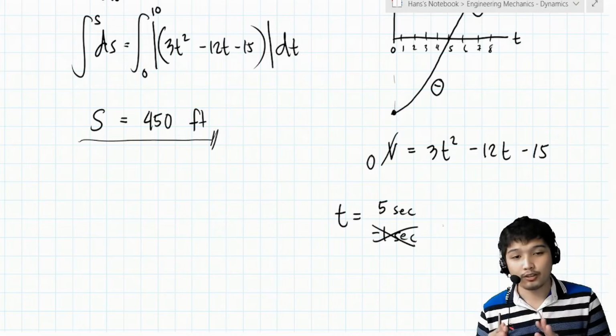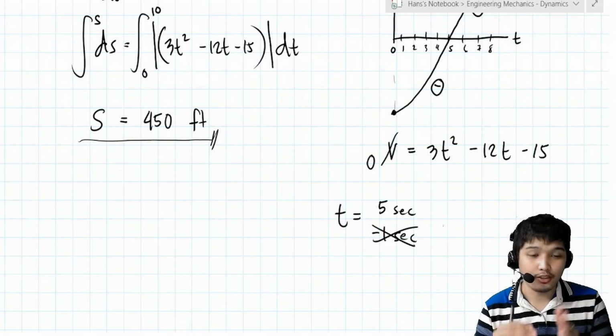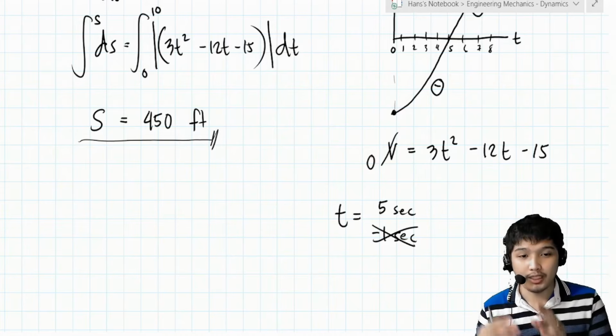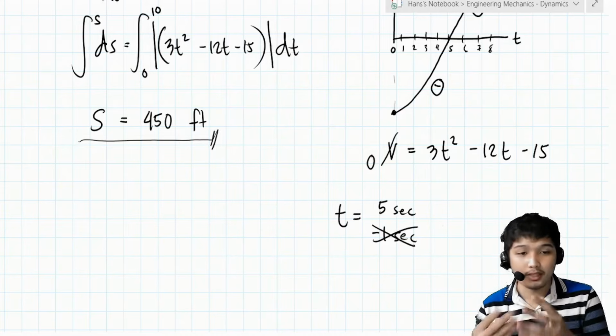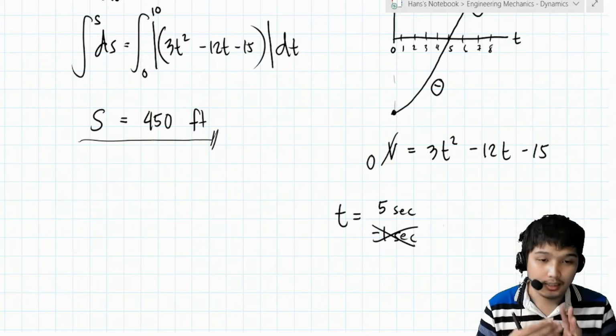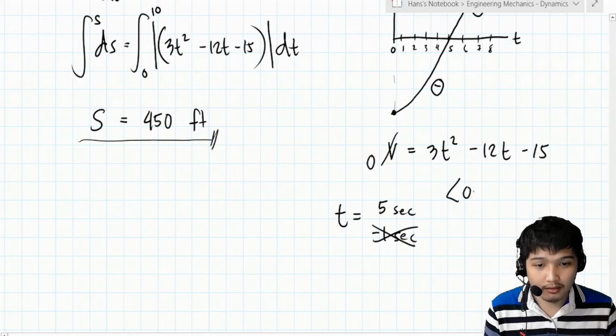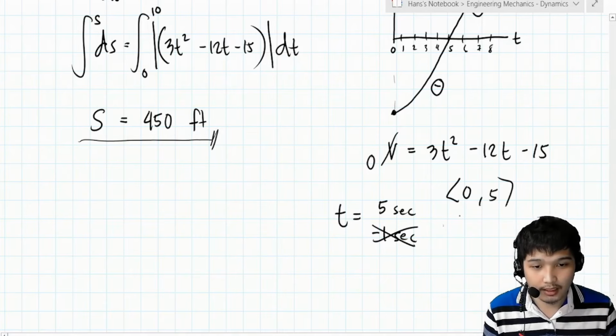Okay? So, kindly take note na kapag dumadaan nga kasi sa zero, yun yung time na nag-change siya ng sign, is either from being negative to positive or from positive papuntang negative. So, meaning to say, ang time interval natin will be from 0 to 5 and then from 5 to 10.